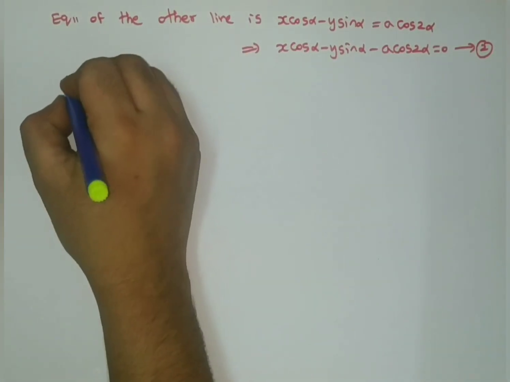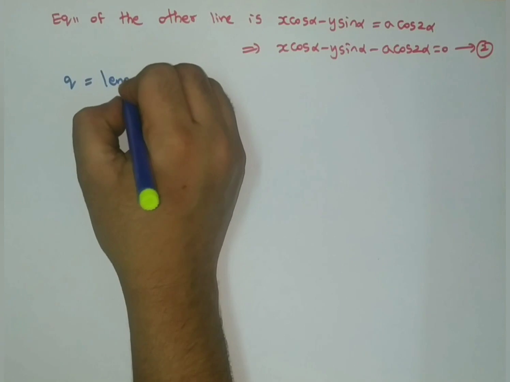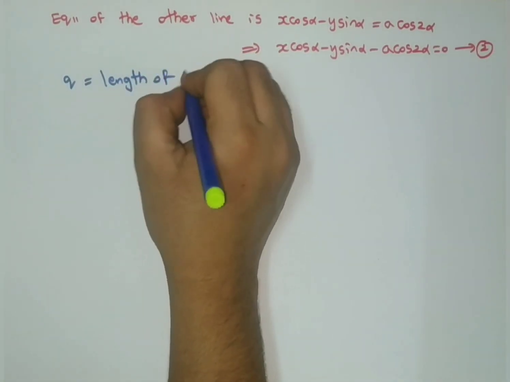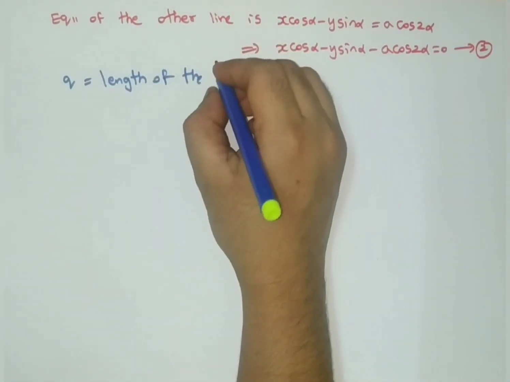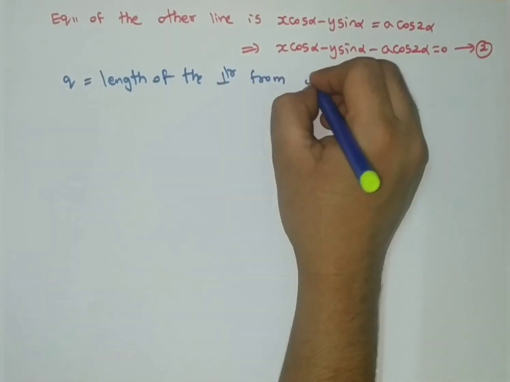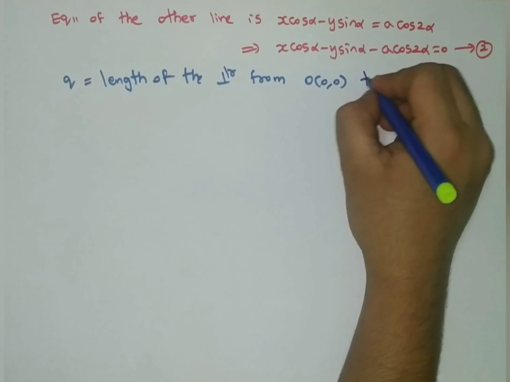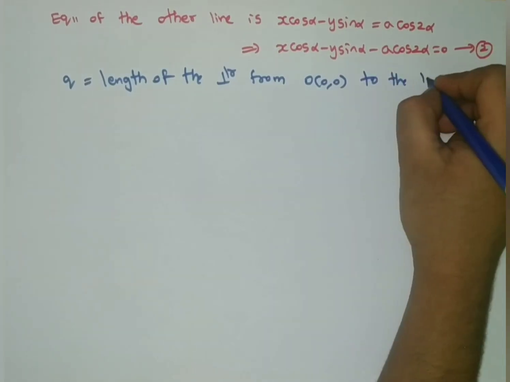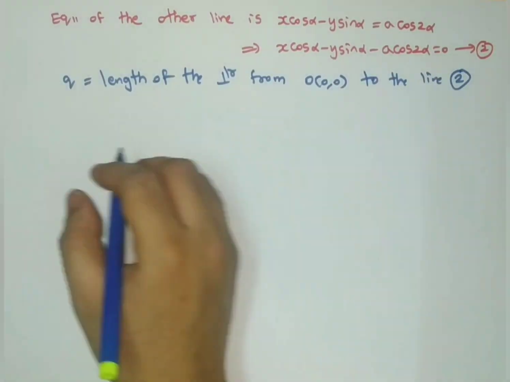What is given? q is equal to the length of the perpendicular from origin to the line, equation 2.